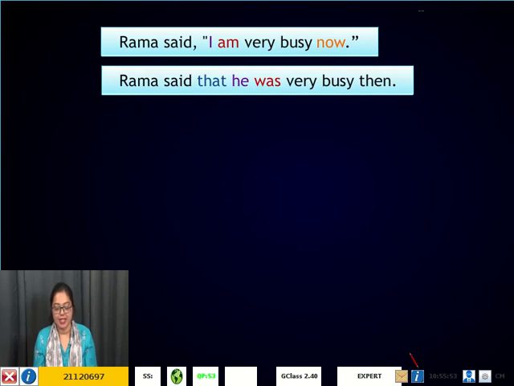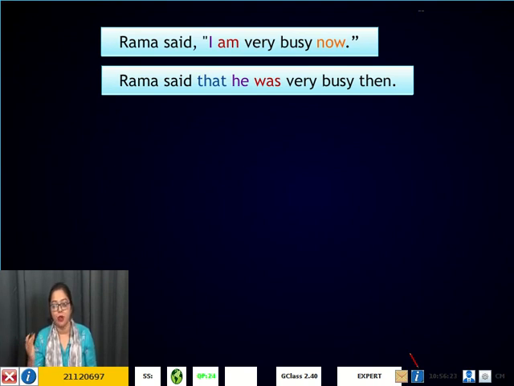Okay. Next, the first sentence is in direct speech. And this sentence, as it is in direct speech, is converted into indirect speech. Rama said that he was very busy then. What did Rama say? Rama said that he was very busy then. Now becomes then. So the second sentence is in indirect speech.